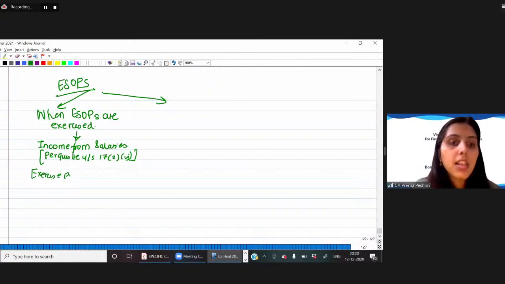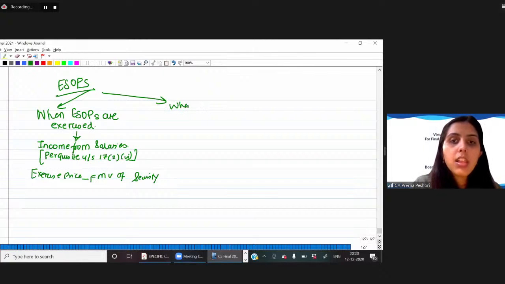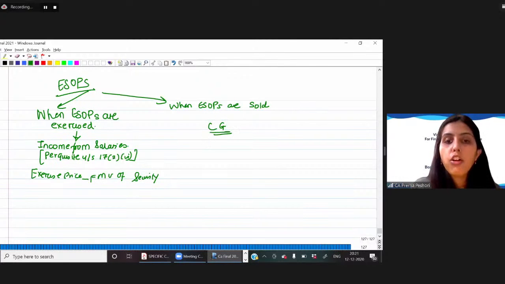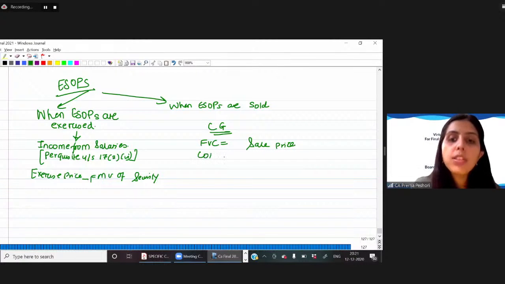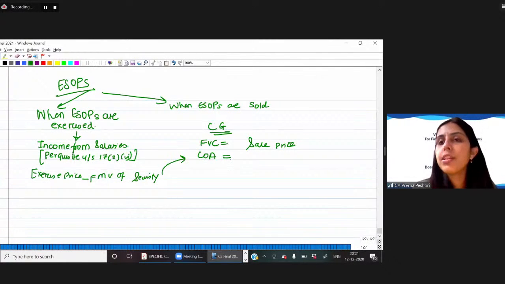Clear? What will be taxable as salary? Exercise price minus FMV of security. Clear? And when ESOPs are sold, then it will be capital gain. What will be the full value of consideration? The sale price. What will be the cost of acquisition? This particular amount, what you have already taxed.